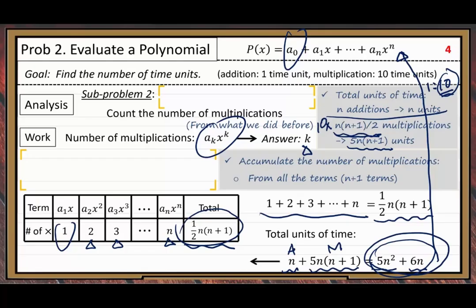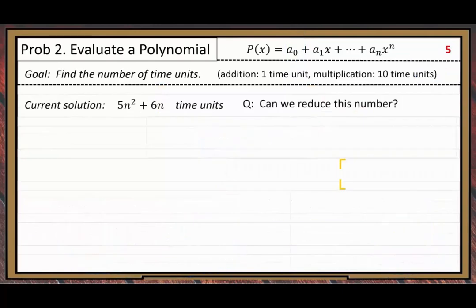All right. The question: how to reduce this number? Find a smart way to reduce this efficiency number. All right.